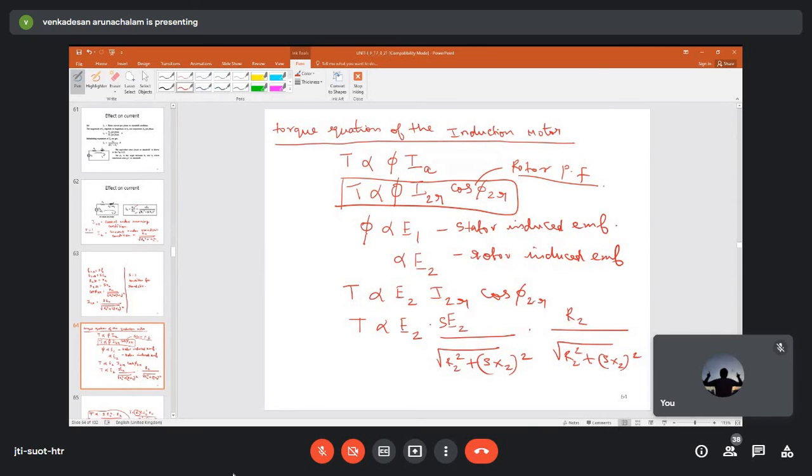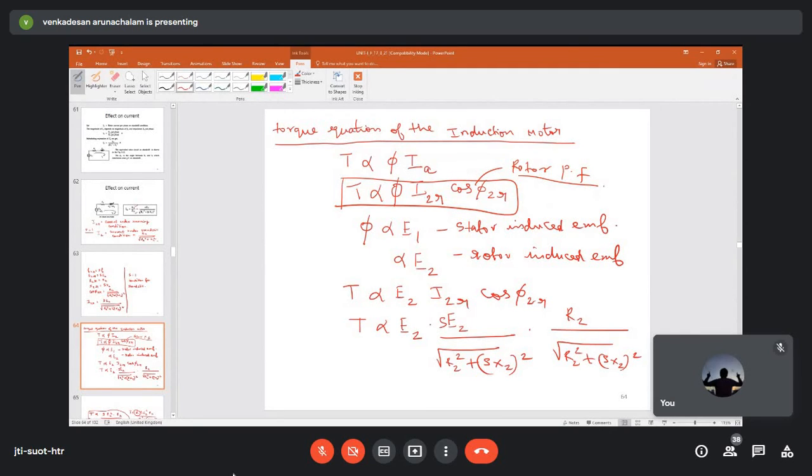Here the flux which is produced by the stator is proportional to the stator induced EMF, because how much voltage you are giving as the input to the stator, that much induced EMF you will get in the stator. Because of that induced EMF only, you will be getting the flux. So the flux is proportional to E1, the stator induced EMF.